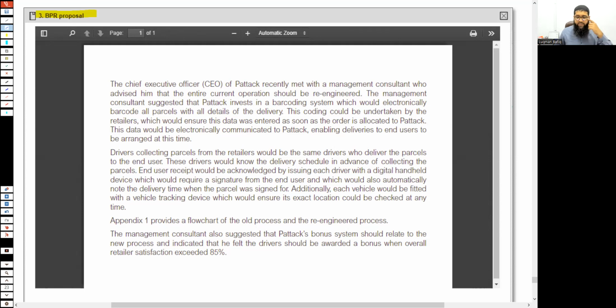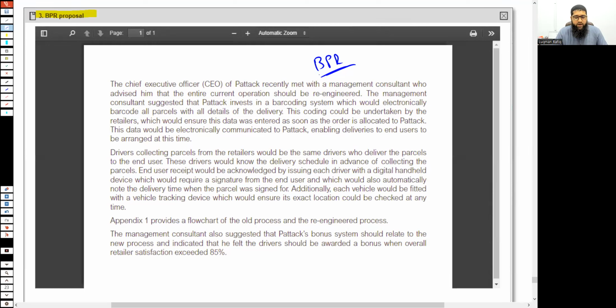Now, it says the chief executive recently met with a management consultant who advised him that the entire current operation can be re-engineered. So when we talk about business process re-engineering, what do we mean by this? It's basically you question the existing system, you scrap the existing system and you talk about a new system from scratch.